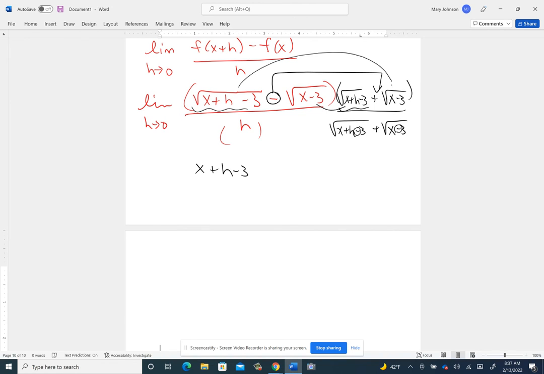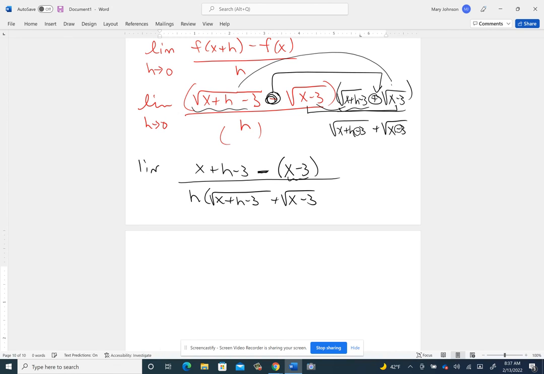The other one will be positive of that, so they cancel out. Then when you do the last 2 terms here, you get minus, but this is important. It's minus x minus 3 in parentheses. It's a negative times a positive would be minus, and then square root of x minus 3 times itself. All right, then in the denominator, you'd have the h times all of this mess.